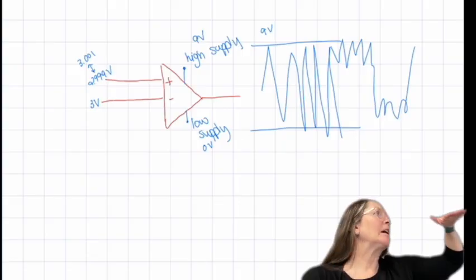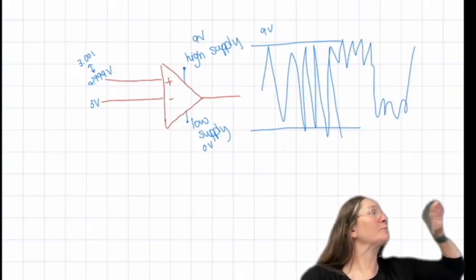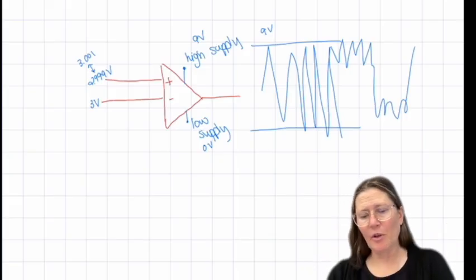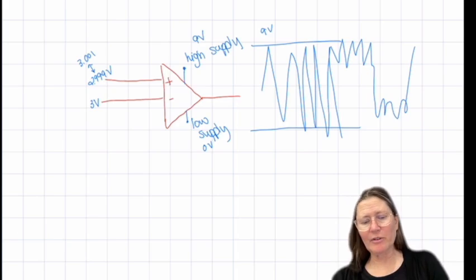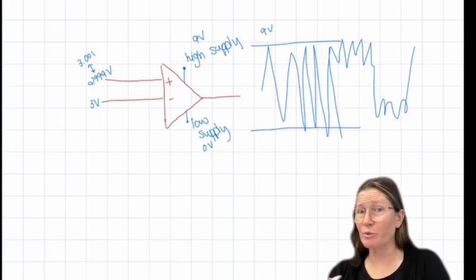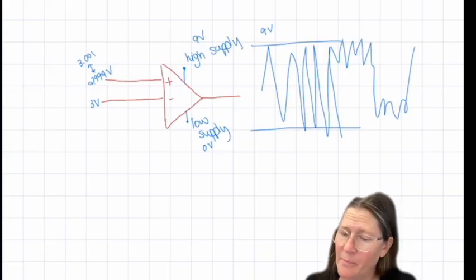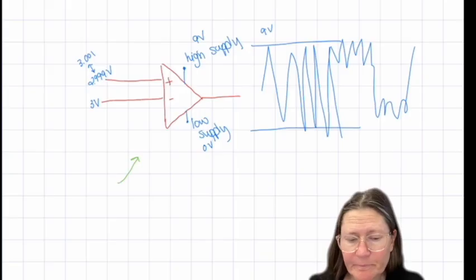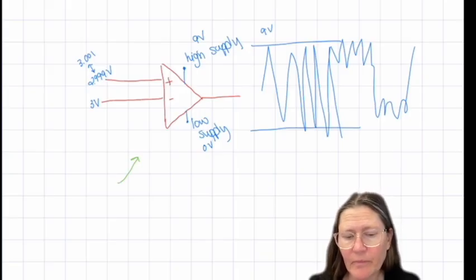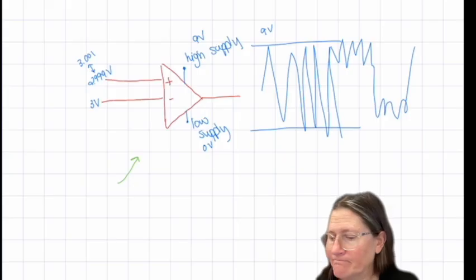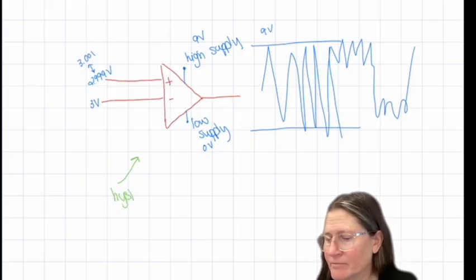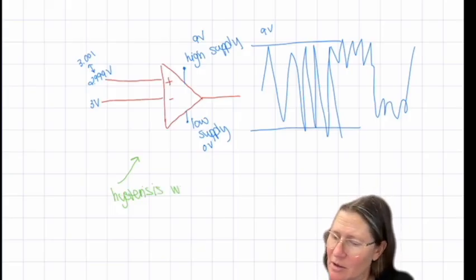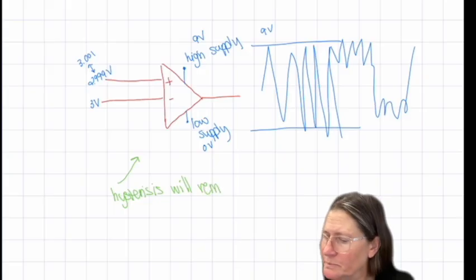There's a specific circuit called a Schmidt trigger that will add that in there. So hysteresis will remove this issue.